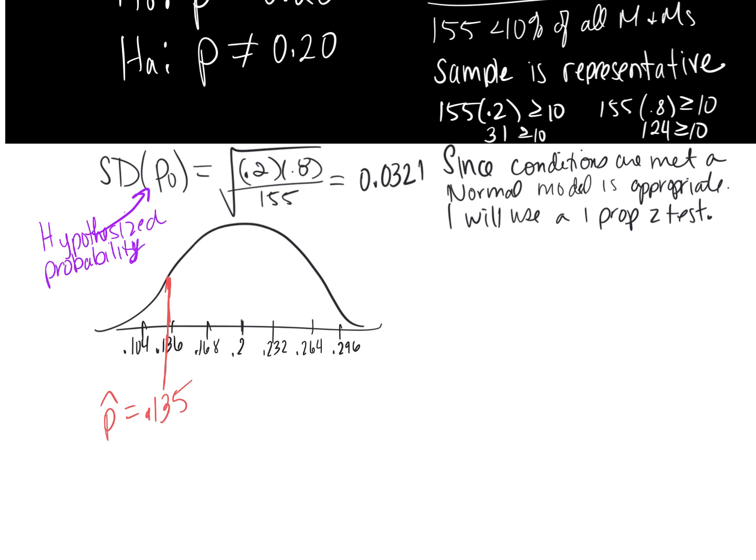Just barely 2 standard deviations from the mean. So we have that side. But we're also interested in if it's the same distance on the other side from the mean. So we're going to draw the just barely over 2 standard deviations from the mean on this side as well.